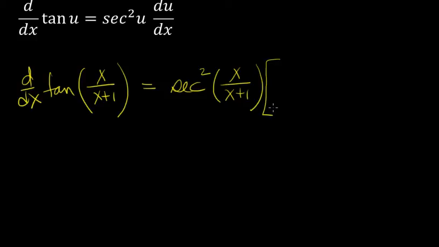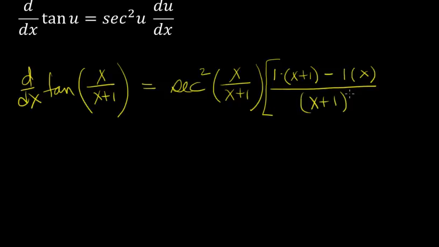So I could use the quotient rule and write the derivative of the top is 1, I'll write it out for you, times the bottom, x plus 1, minus the derivative of the bottom is 1, times the top is x, all over the bottom squared, x plus 1, the quantity squared.